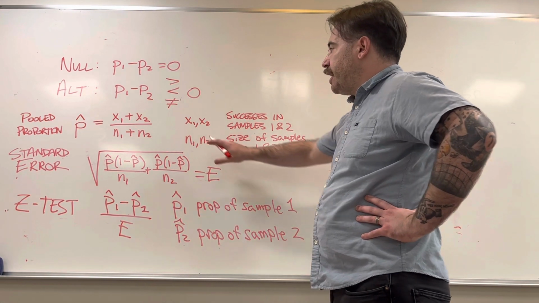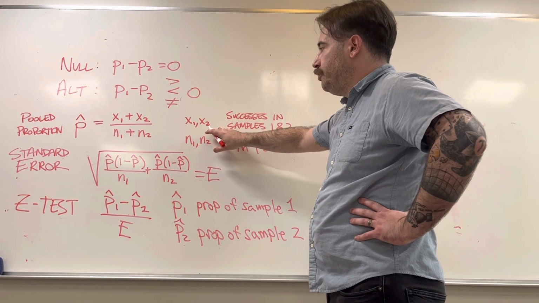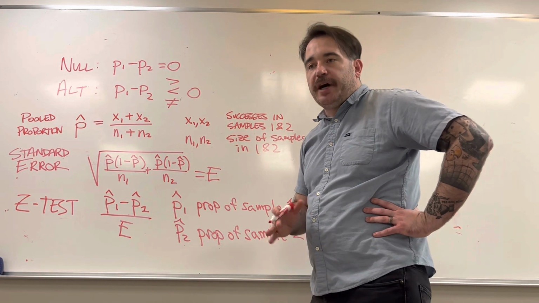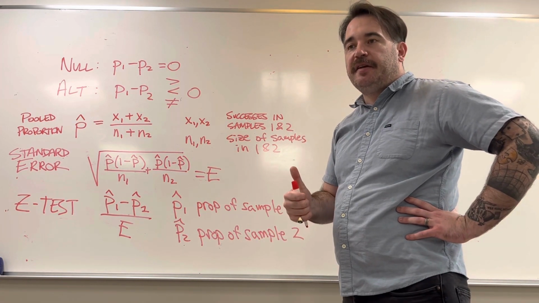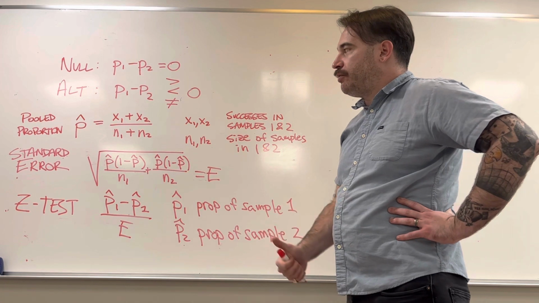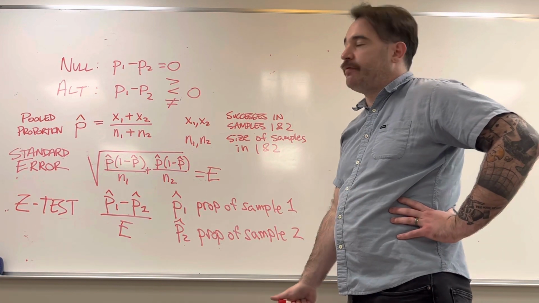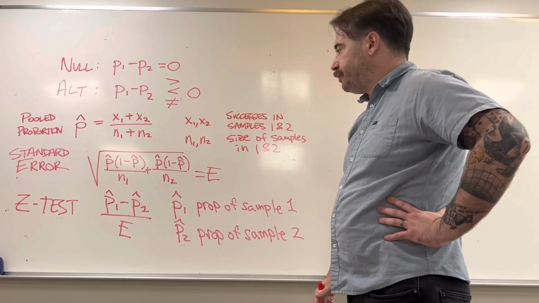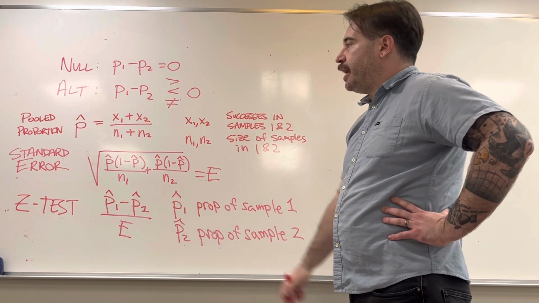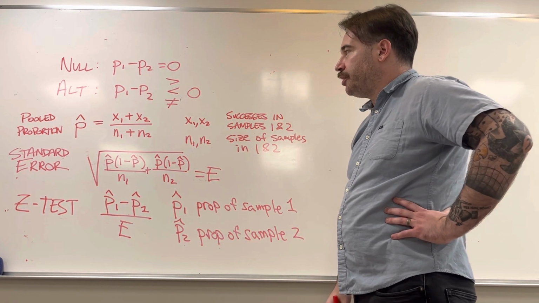And that's when we have x1 and x2 as successes in samples 1 and 2. Remember, when we've got a binomial random variable, a success just means a yes. So like if you had 23 out of 50, let's say college students that use cell phones, 23 would be the number of successes. Then it's divided by n1 plus n2, which is the size of our samples.